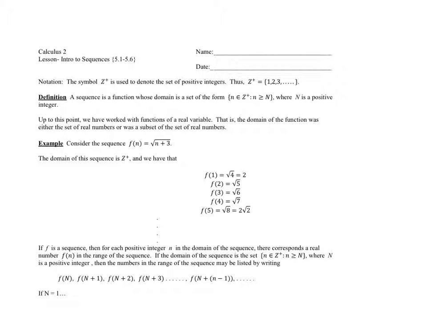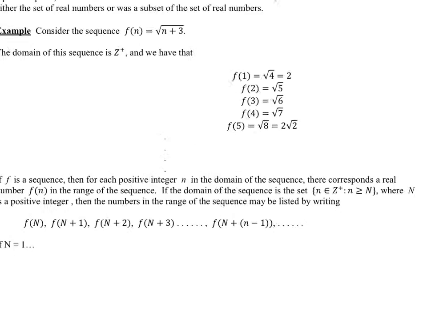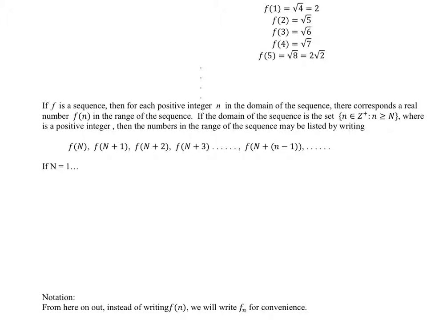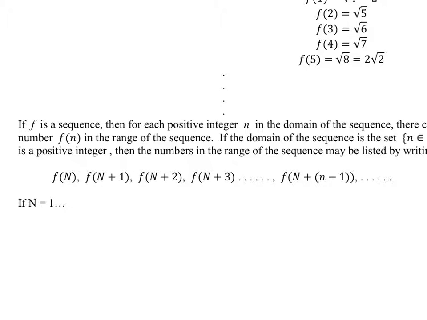So notation-wise, we might say f of capital N, f of n plus 1, and so on. But really, if you dive into what that's talking about, this is talking about the set of consecutive positive integers.